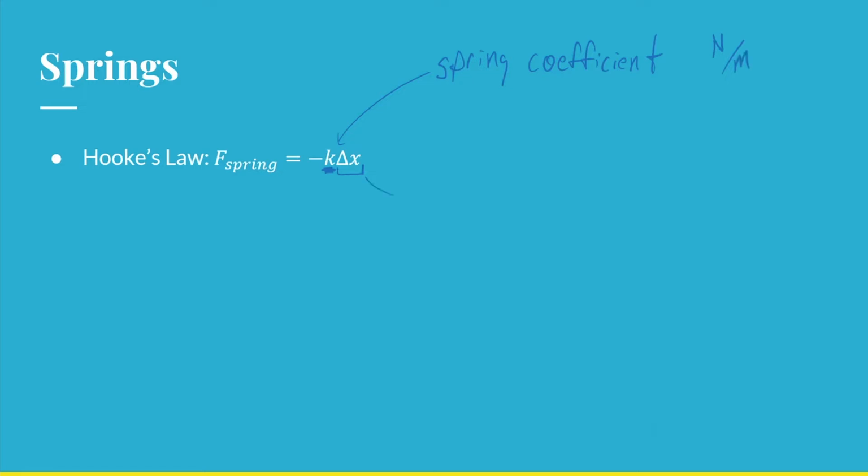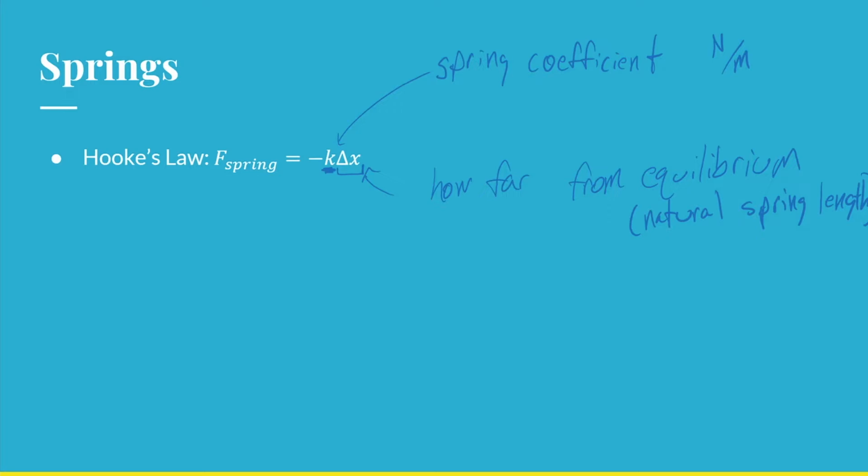The delta x right here is how far from equilibrium, or natural spring length, this is just how long the spring is when it's not being pushed or pulled.